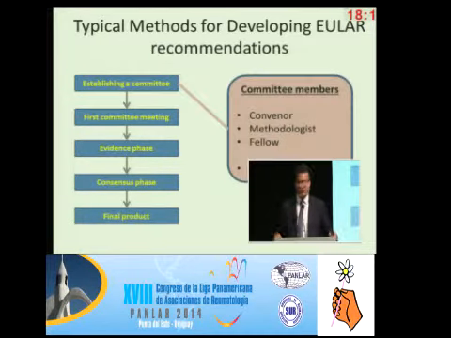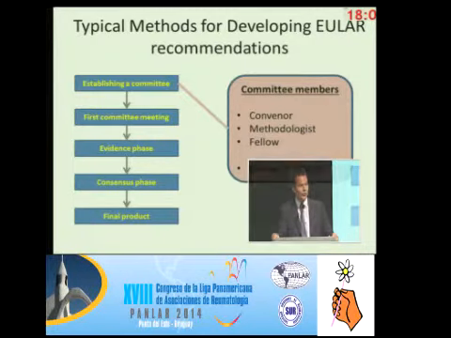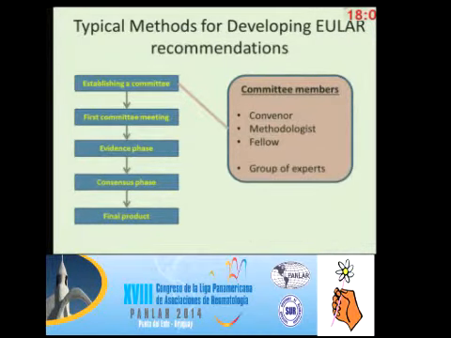Now, the committee is usually established by a convener that applies to EULAR for a project like this, and it needs to include a methodologist. That means someone who is experienced in obtaining the evidence. If evidence is obtained by literature search, the methodologist needs to be experienced in doing systematic literature searches.